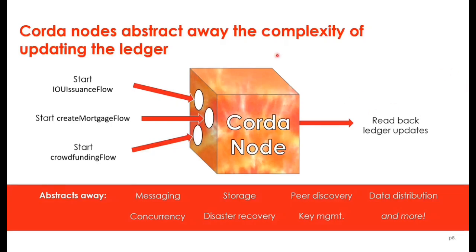So we can see here Corda is abstracting away a lot of these details. The idea is to make the transaction as seamless as possible, as seamless as using your credit card on an e-commerce site. And again, all of this complexity is abstracted away to shield the user from the complexities.